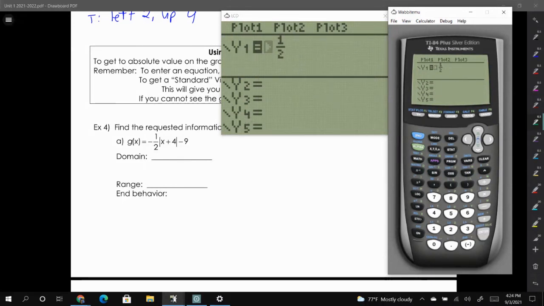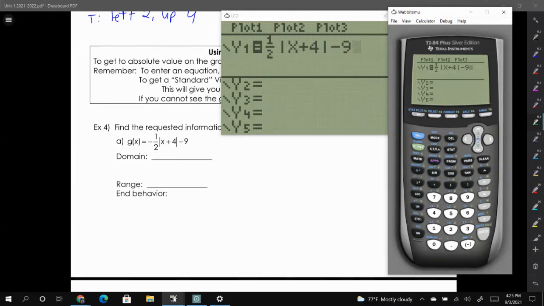Whoops, we want to move our cursor over here. And then we can press X plus 4, then move out of the absolute value, -9.